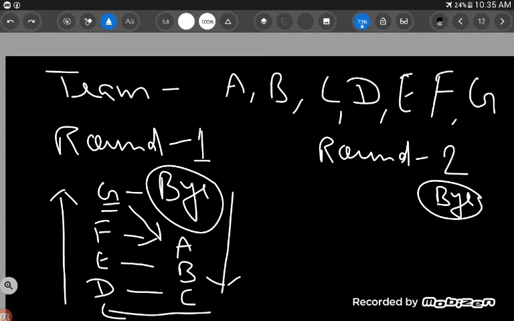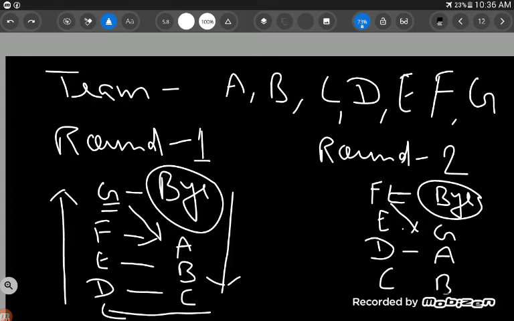So which team will come at the place of A? Team G. The remaining teams will not change place, only rotate one step. So we will write A, B, C, D, E and F. In the second round, team F is getting the bye. Remaining teams will play the matches. Okay.